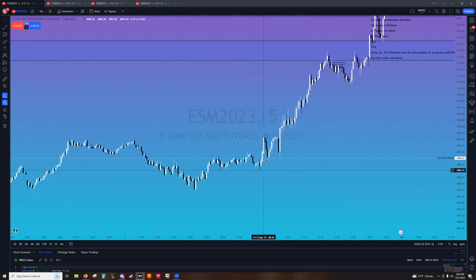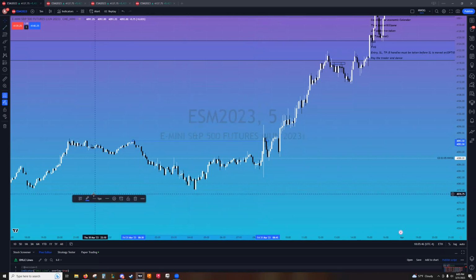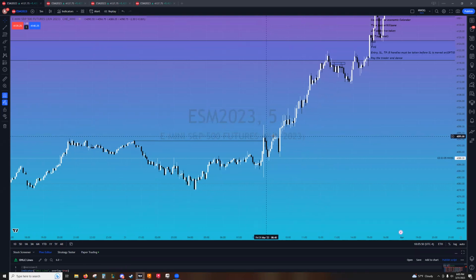For me, seeing this run above this high here is a big confluence since it made very energetic candles. Came back down, started heading back up. It bounced. It could not close below this level.